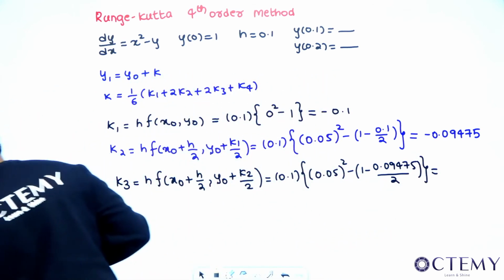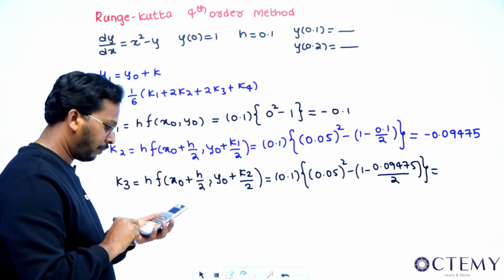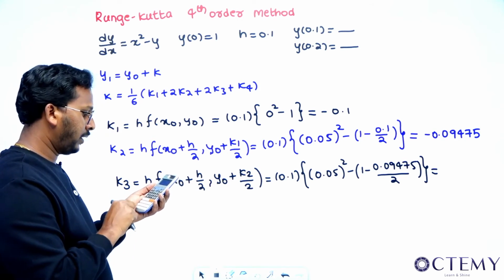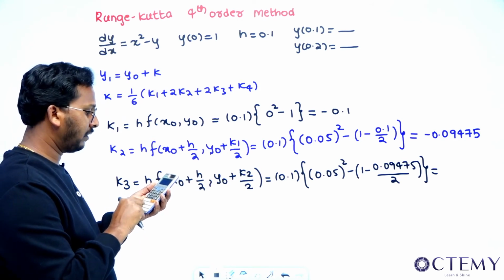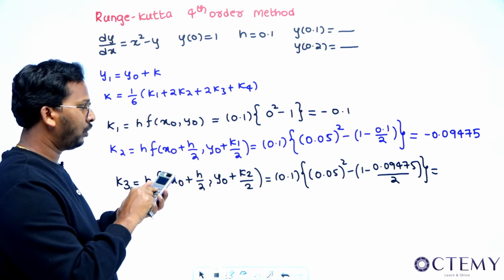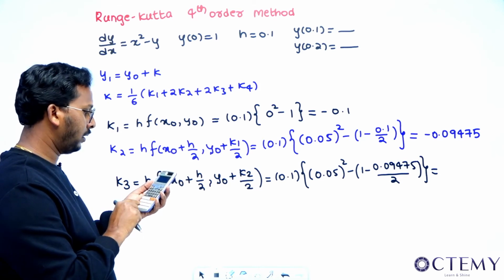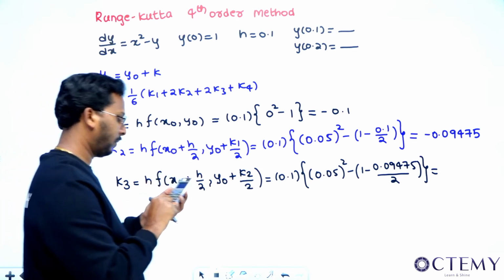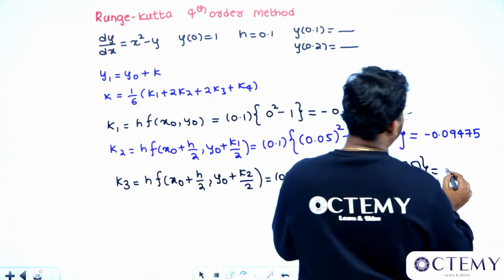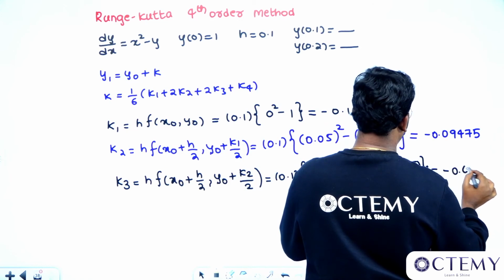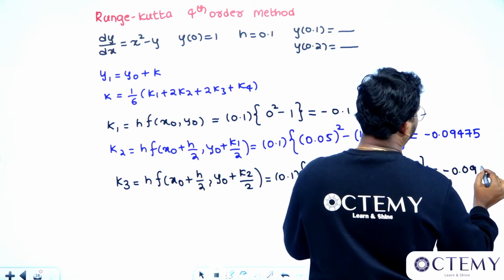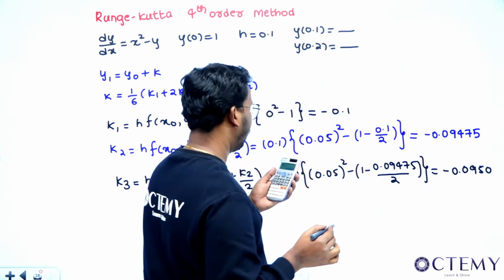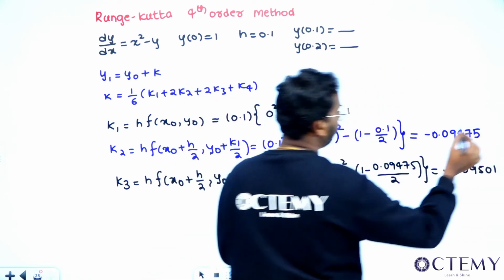So it will become 0.05 square plus 0.09475 divided by 2 minus 1 into 0.1. You will get it as minus 0.0950. That is enough, sir.